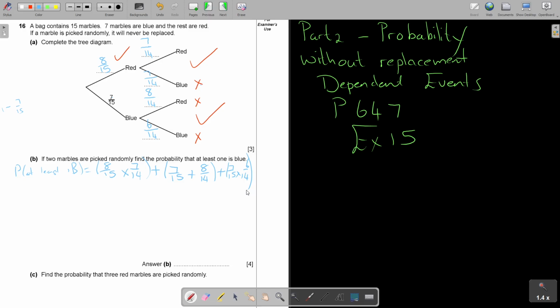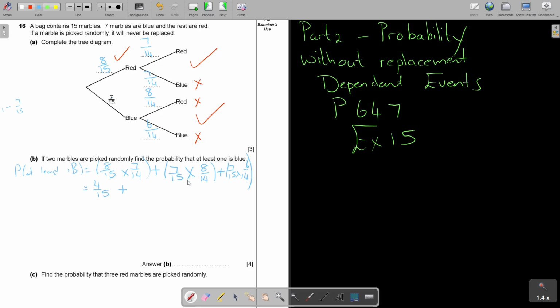Now, I like to use my ABC on my calculator. Most of the calculators have it today. So 8 ABC 15 multiply 7 ABC 14, and that's 4 over 15. Plus 7 ABC 15 multiply, I don't know why this slipped in. Maybe I said multiply, but I wrote plus. It must be multiply in between.